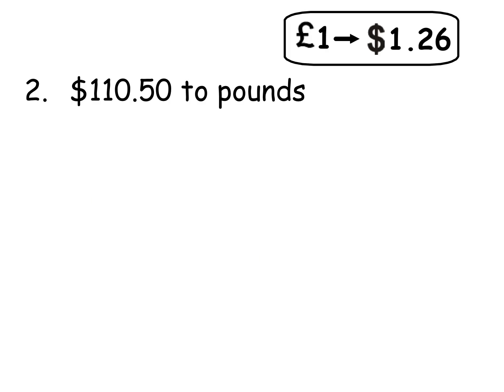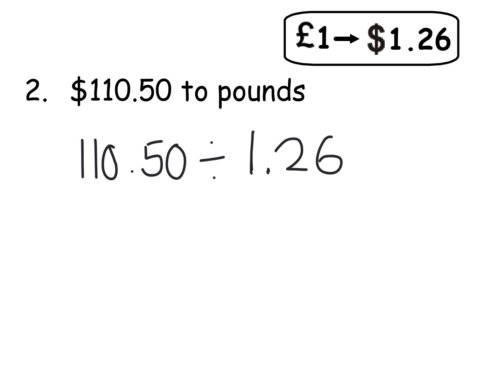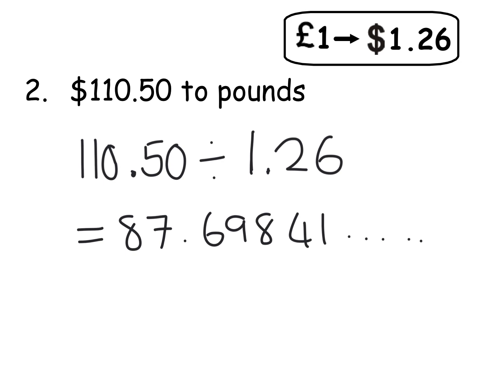Let's have a look at example 2. This time we're turning $110.50 back. We're using dollars, so we're using the dollar exchange rate of 1.26. And when you type that in, we get 87.69841, doesn't matter what all those numbers are.